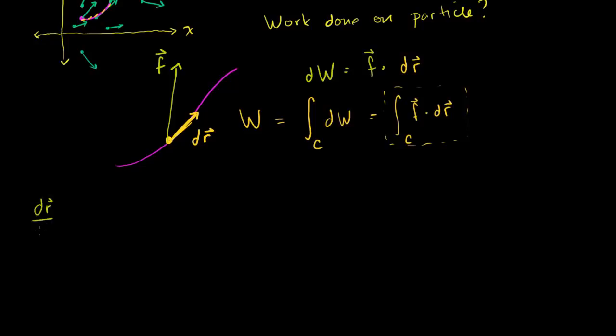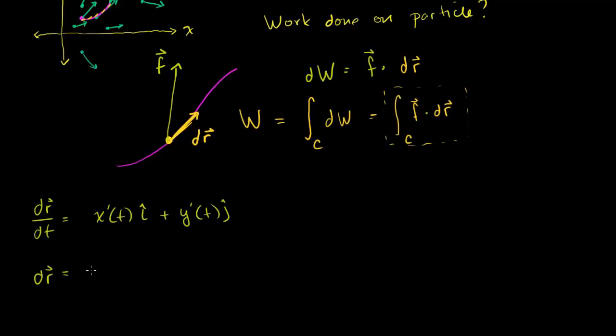dr dt is equal to x prime of t, I'm writing it like I could have written dx dt if I wanted to, times the i unit vector, plus y prime of t times the j unit vector. And if we just wanted dr, we could multiply both sides, if we're being a little bit more hand-wavy with the differentials, not too rigorous.